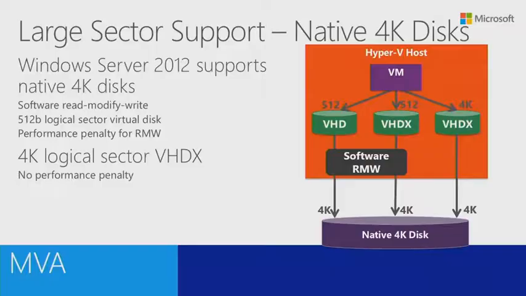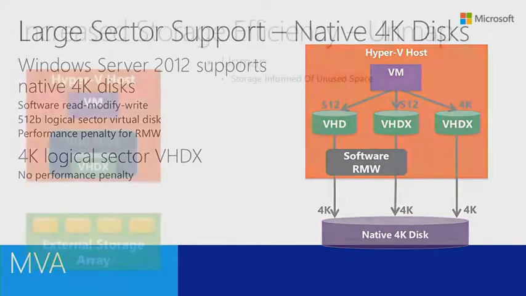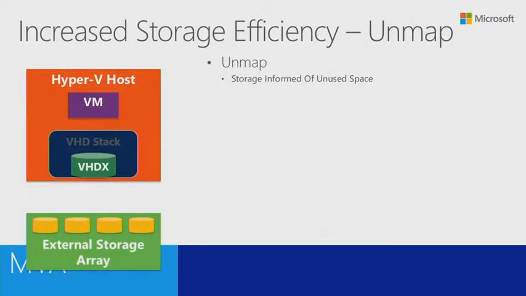Not only does Windows Server support native 4K disks, but our virtual disks support these new native 4K disks. And so we now have 4K logically sectored VHDXs, so you get no performance penalty. This is very important as you think about your next major storage purchase. Very good chance that you're using 4K or that it's coming very, very soon.